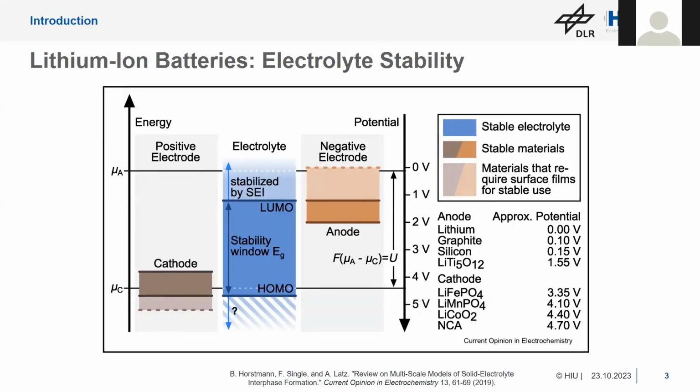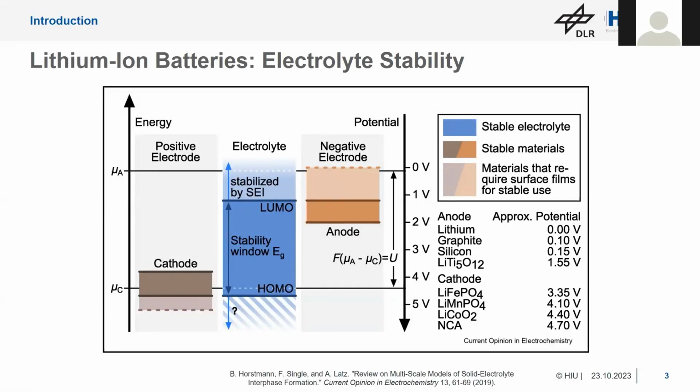So first, I want to give you an understanding of what this solid electrolyte interface is. Actually, it is also necessary for the lithium-ion battery, because our battery electrolytes have a good stability, but particularly on the anode side, the stability is not perfect.